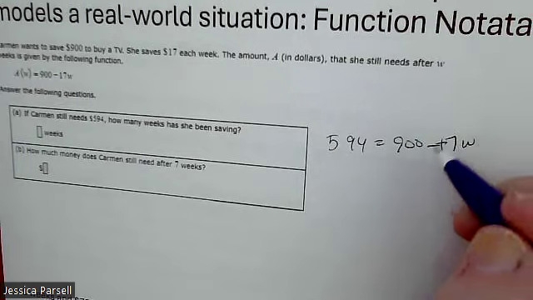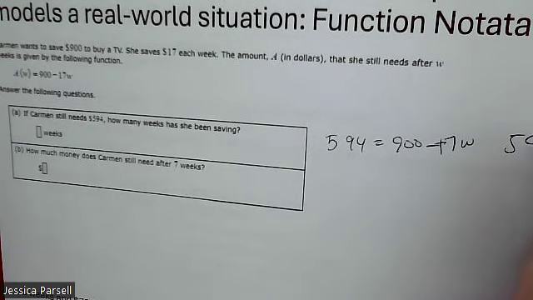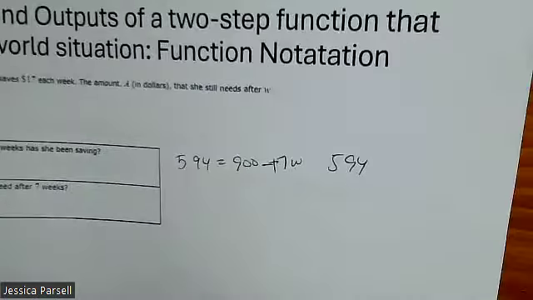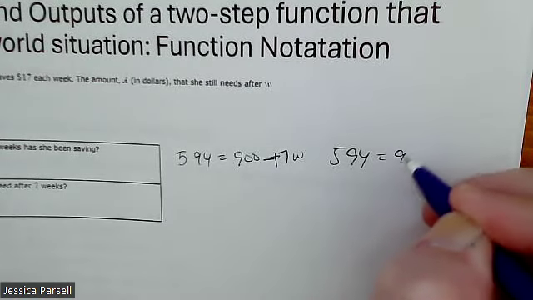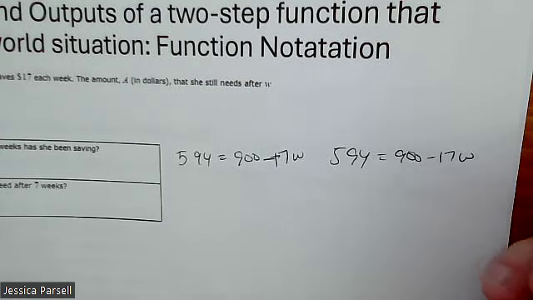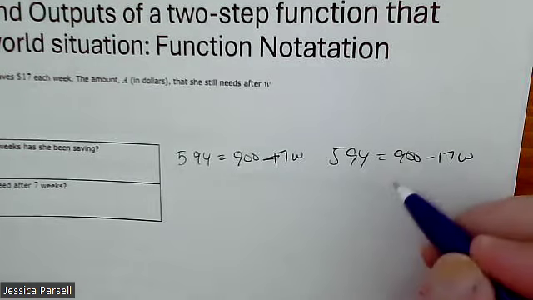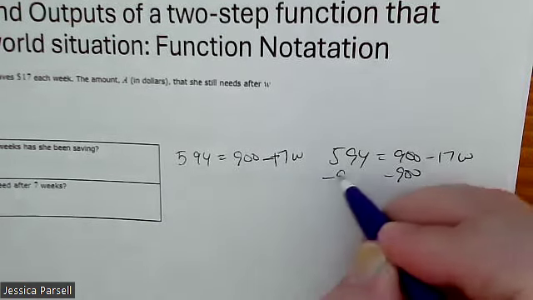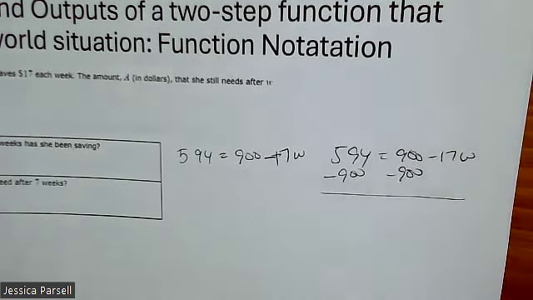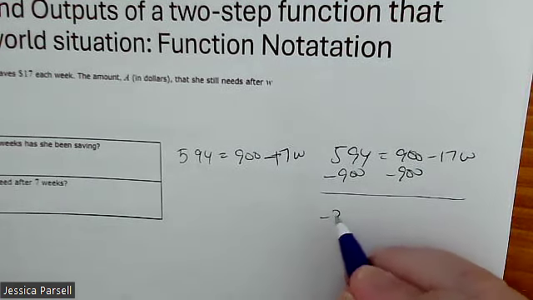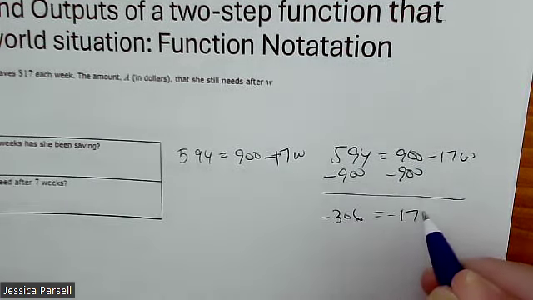Okay, that looks terrible. Let's try that again. 594 equals 900 minus 17W. Let's subtract 900 to the other side. So we have 594 minus 900, leaving us negative 306 equals negative 17W.